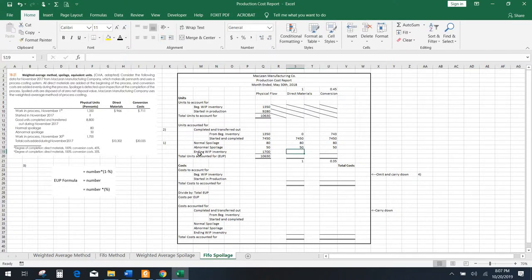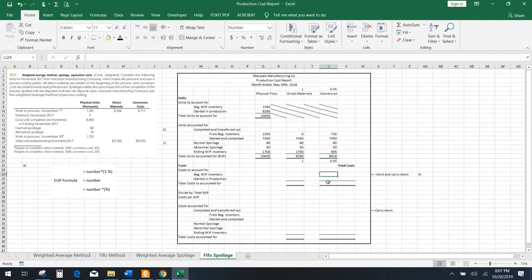And for this bottom number, we're going to use the bottom formula. So that equals the bottom number multiplied by the bottom percentage. Okay, and that gives us our total EUP.